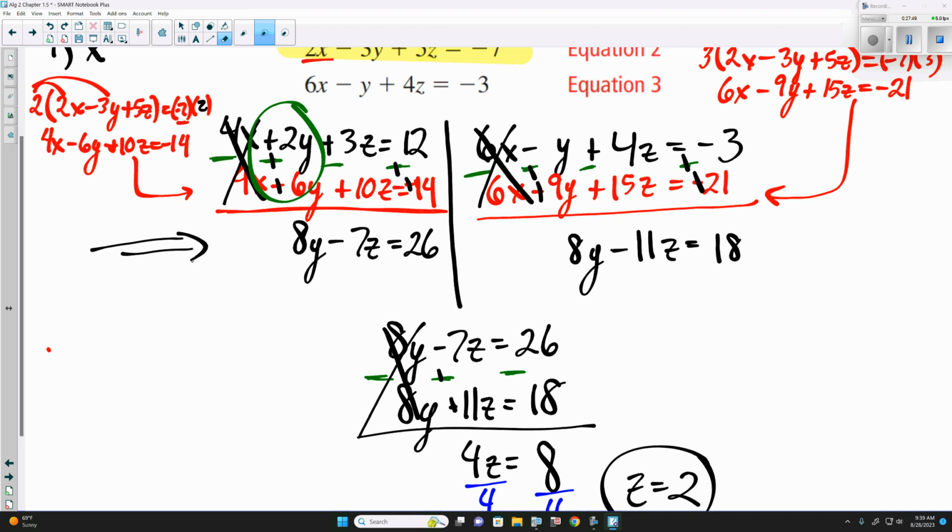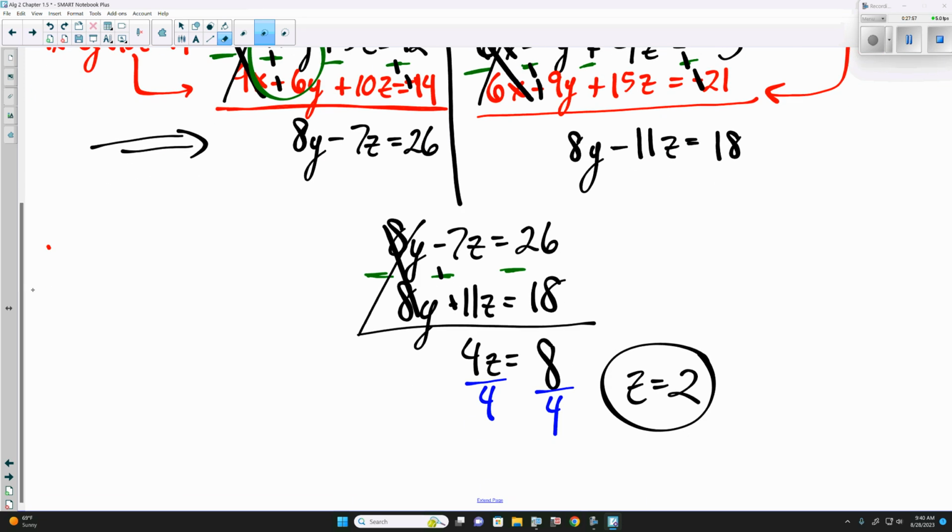Do we know the value of one of these 2? Yeah, we know the value of z. So pick one of these for me. Do we want the one on the left or the one on the right? Doesn't matter. I'll show you both.